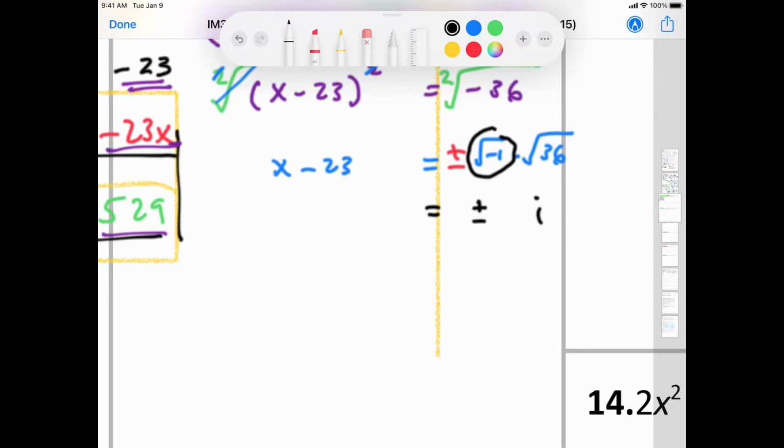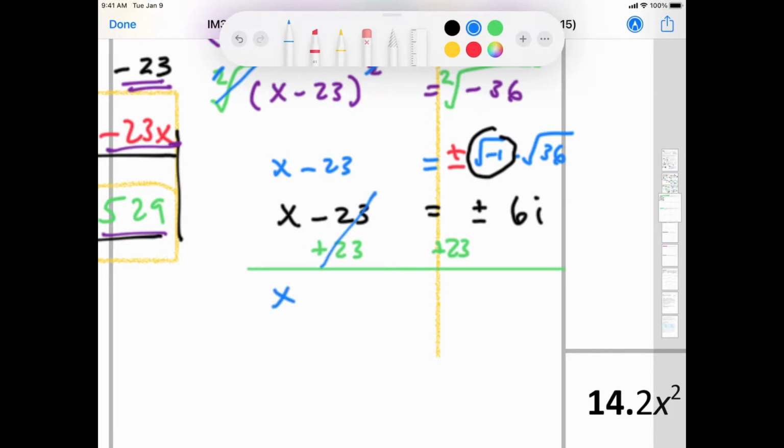I. And the square root of 36 is 6. Now I'm going to add 23. And you'll notice I'm putting the 23 to the left of the plus or minus. To the left. So now I have 23 plus or minus 6i.